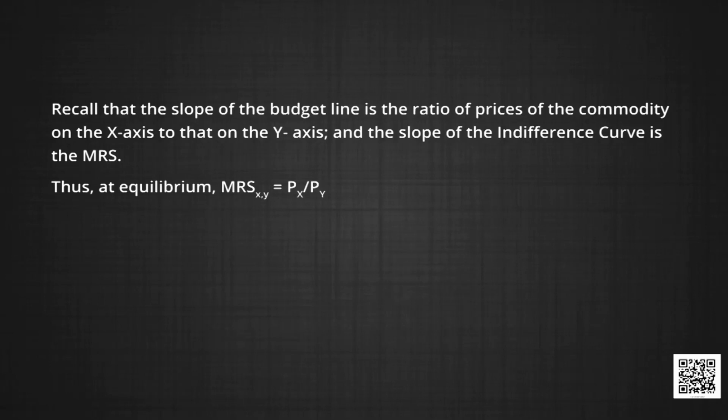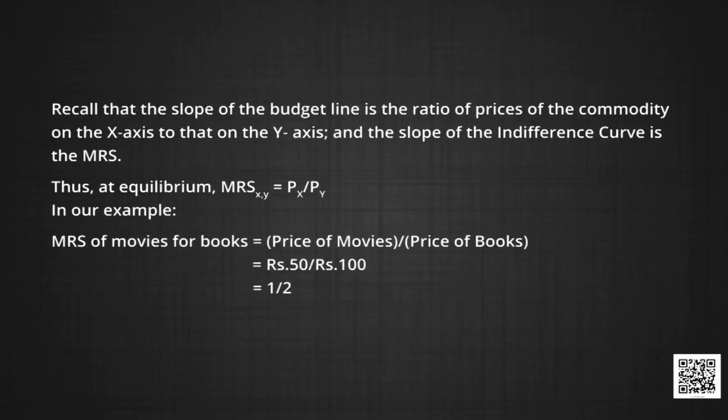This gives us the equilibrium condition, that is, the marginal rate of substitution between x and y will equal the ratio of prices, px divided by py. In our example, the marginal rate of substitution of movies for books equals the price of movies divided by the price of books. So this is 50 rupees divided by 100 rupees, which equals half.